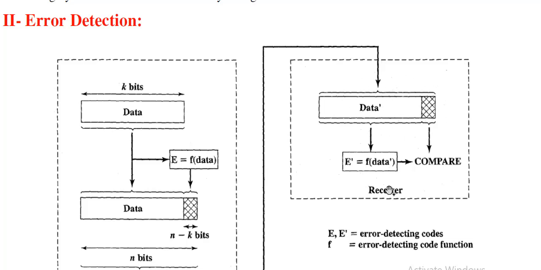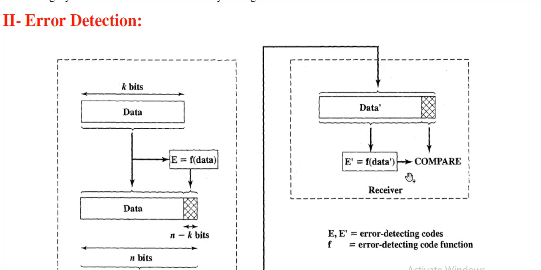The receiver will take the data and recalculate the digest, using the same function f, which is a transformation of data prime, and find the digest that corresponds to this data. Now the receiver will compare the calculated digest with the received one. If they are equal, most probably there was no error.